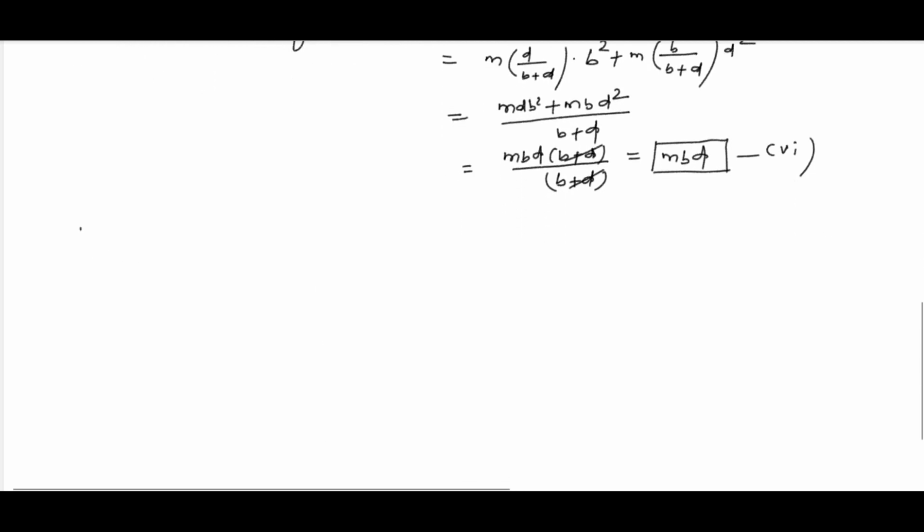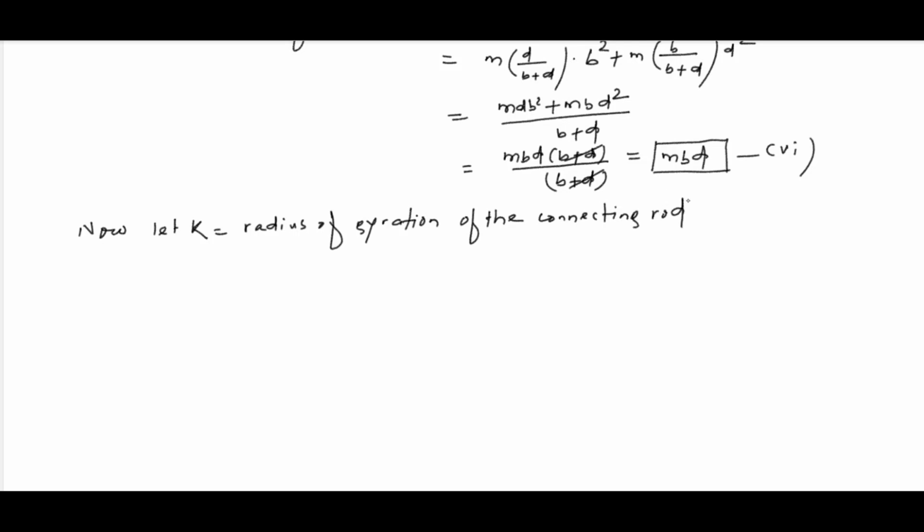Now let k be the radius of gyration of the connecting rod about an axis through the center of mass G and perpendicular to the plane of motion.